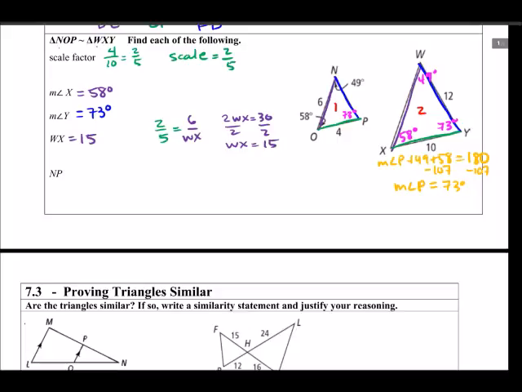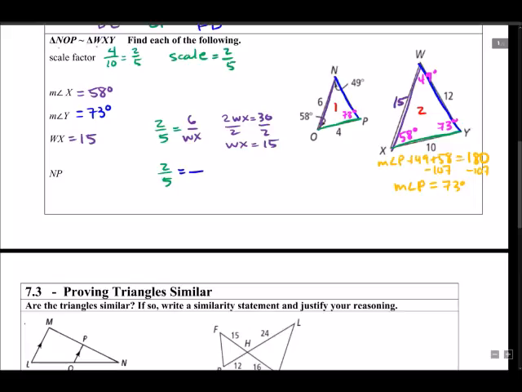And the last one, NP, that's our blue side. How are we going to find our blue side? This is 15, the same way. I could use my newfound purple sides to write a proportion, but I don't have to because we already have a scale factor.